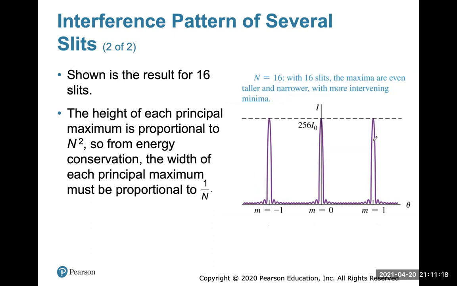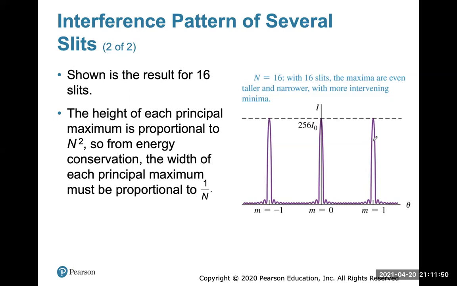That narrowing, we can see it a couple different ways, but one way to see it is from an energy conservation standpoint. If the intensity at each peak is proportional to the number of slits squared, in order to have the total energy proportional to the number of slits, because there are that many sources, so the total energy to work with is just a function of how many slits there are.